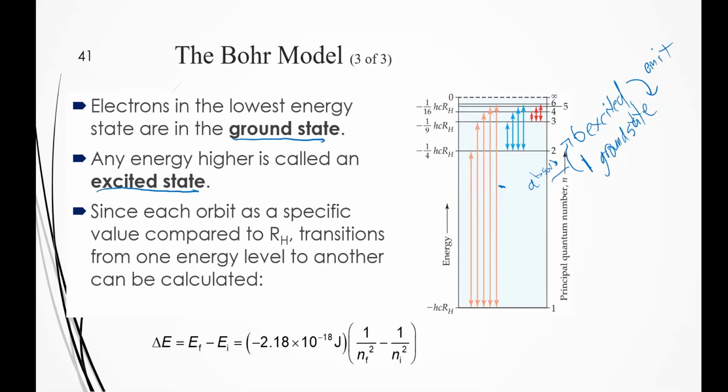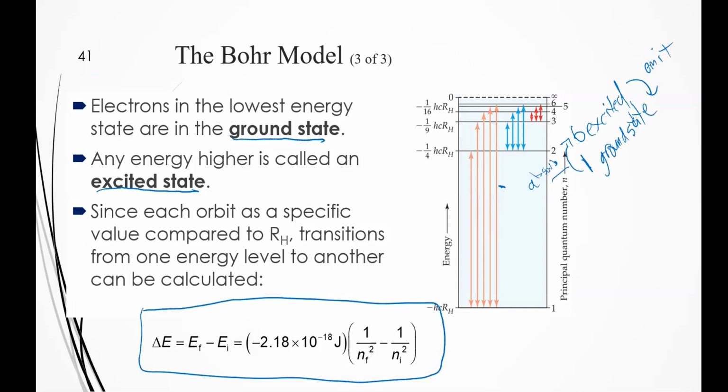Now, this equation down here is going to allow us to predict that change in energy. But be careful, this value here is only for hydrogen. Different elements will have different values, and that's what we need to put in there. You can see on your equation sheet what that looks like. So you just want to make sure that you're paying attention to those changes.